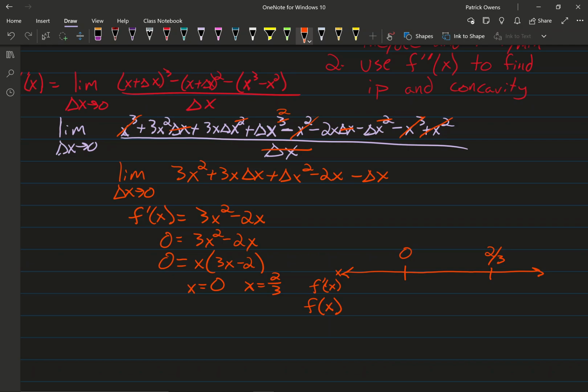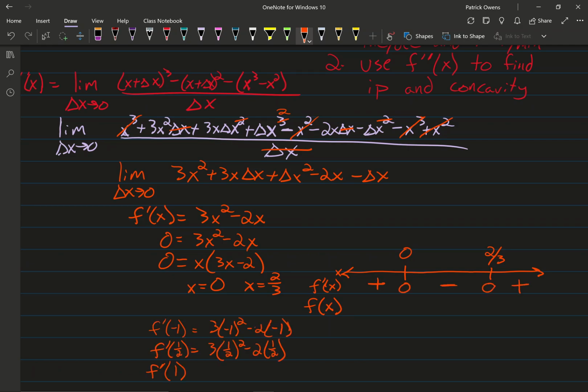So that's 3 times 1/2 squared minus 2 times 1/2. 1/2 squared is 1/4. So 3/4 minus 1 is going to be negative. We pick a value that is greater than 2/3, like 1, and f prime of 1 is going to be 1, which is positive.